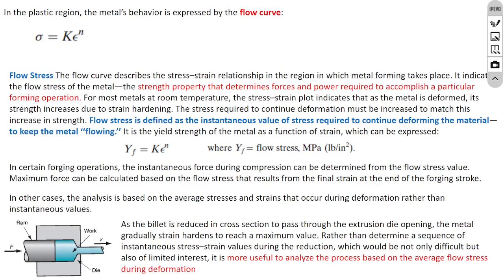The flow curve describes the stress-strain relationship in the region in which metal forming takes place. Flow stress is defined as the instantaneous value of stress required to continue deforming the material to keep the material flowing. It is the yield strength of the metal as a function of strain, which can be expressed. This is the yield limit.